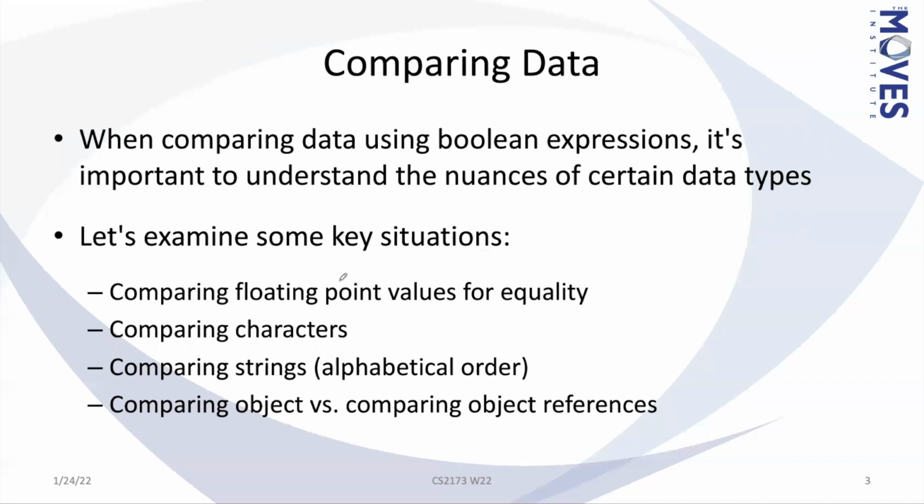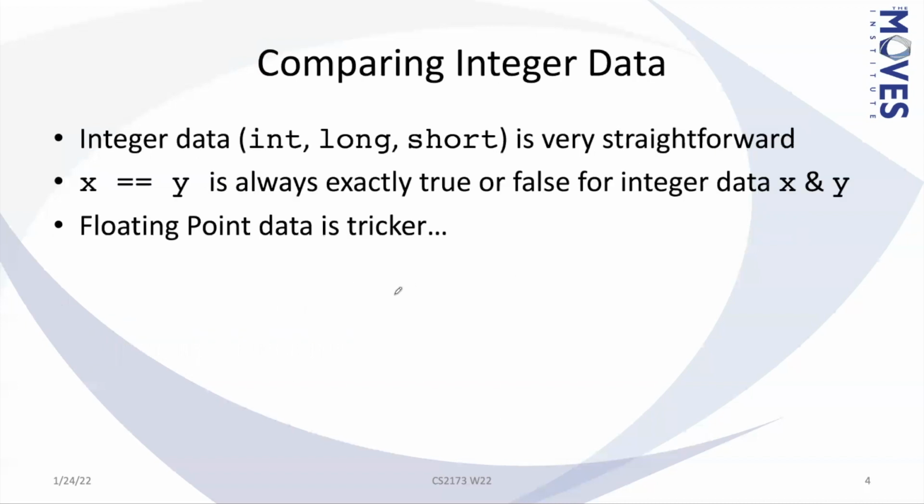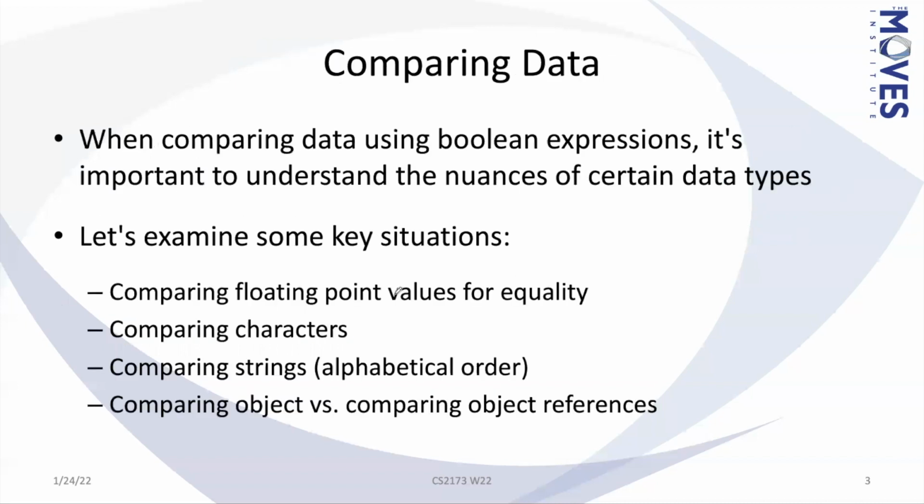So some key situations: comparing floating point values for equality, and comparing characters. Now, characters, remember, are atomic things, and so you can compare characters. The thing about comparing strings, though, is that strings actually have a default order to them, and it's actually not alphabetical order, it's lexicographic order.